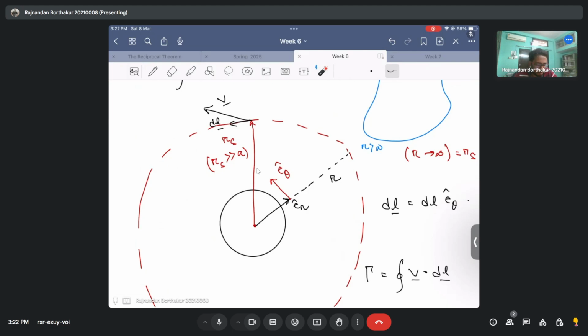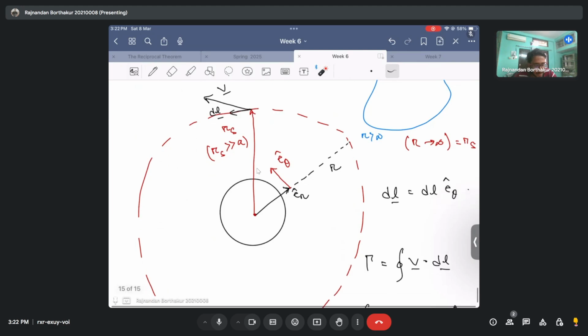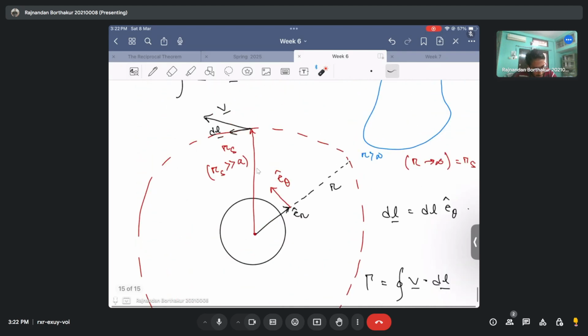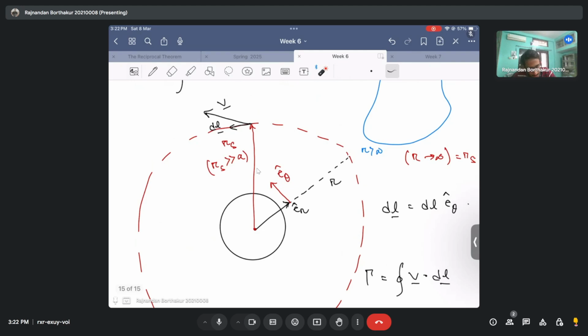Here we will see the feasibility of defining my closed curve as a circle. This simplifies the definition of circulation that we are going to use. So I can now define my dl bar as just dl times e theta, because the closed curve that I'm defining is just a circle.